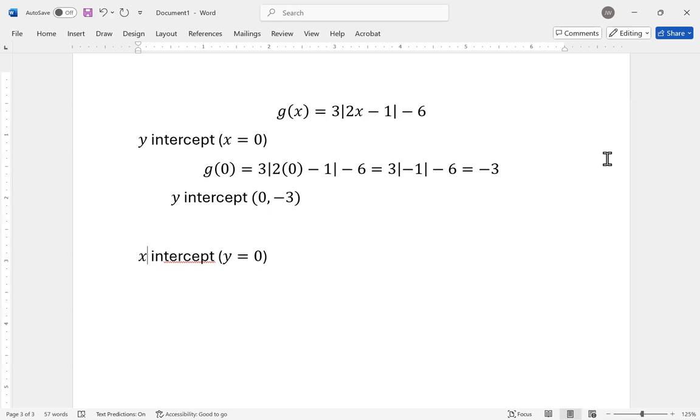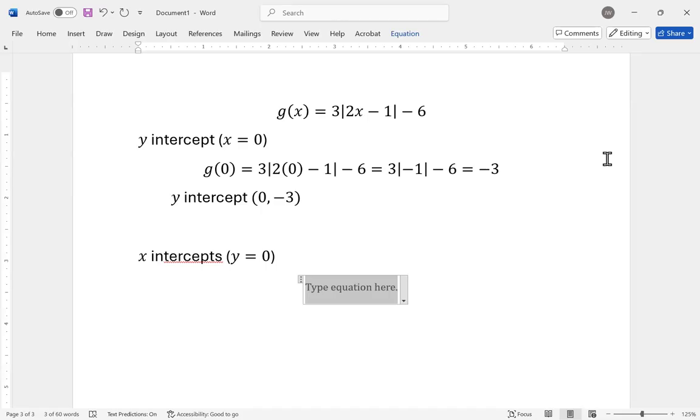To find the x-intercepts, and technically this is going to have multiple, we plug in the y value, or the output value, as 0.